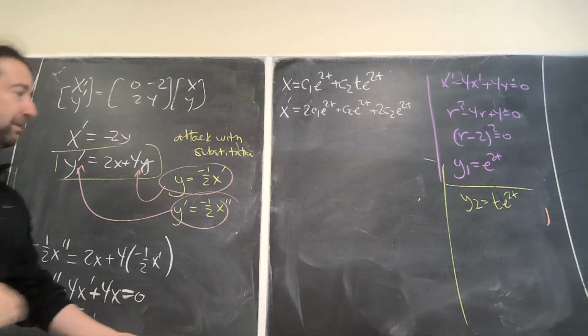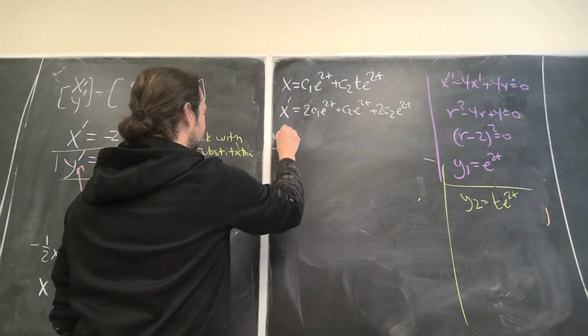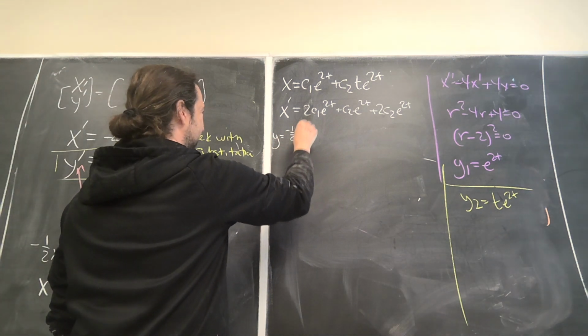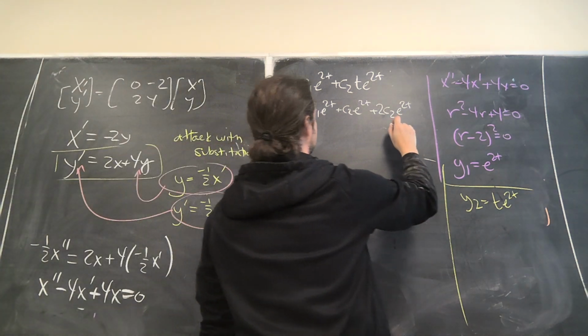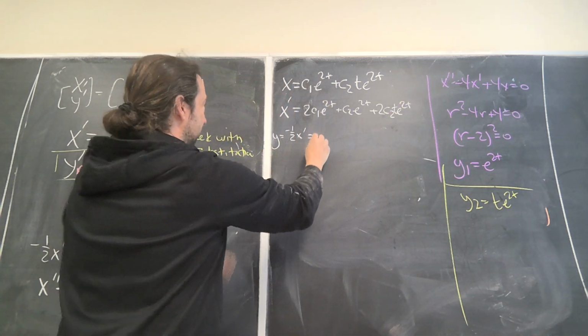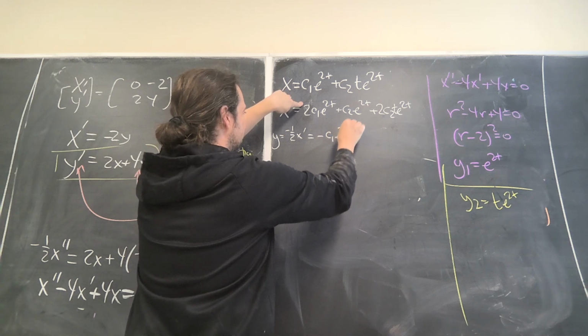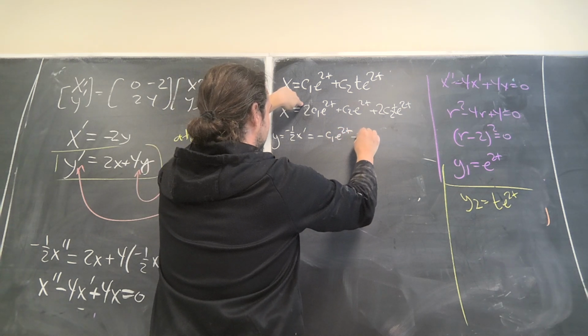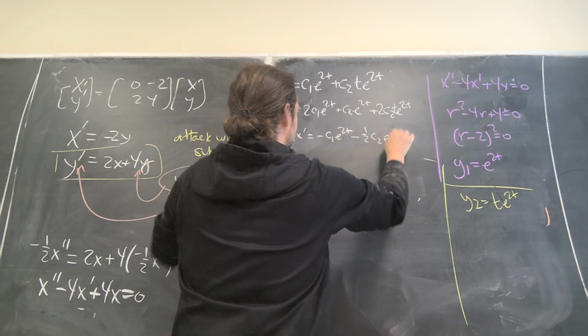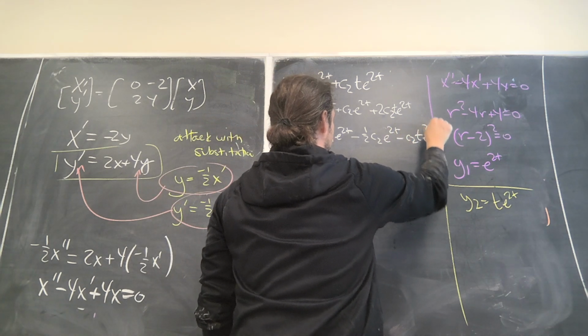But that's not y, because y was minus 1/2 of x prime. Wait, the second part had a t, right? Oh yeah, there's a t. Okay, so I'm going to multiply all this by minus 1/2, and I'm going to get minus c1 e to the 2t minus 1/2 of c2 e to the 2t minus c2 t e to the 2t.